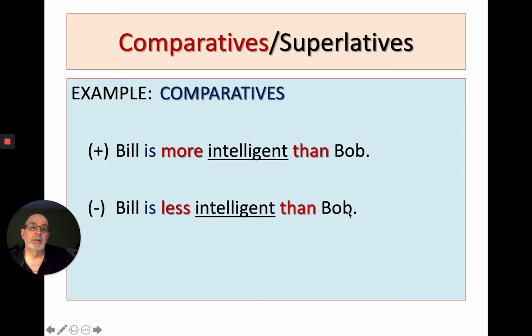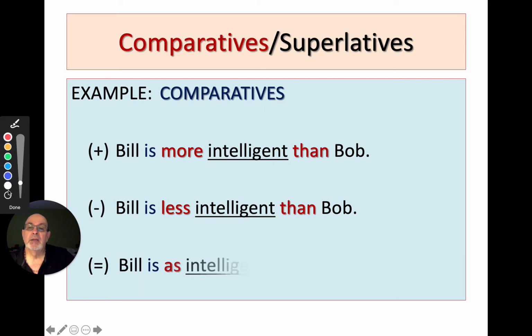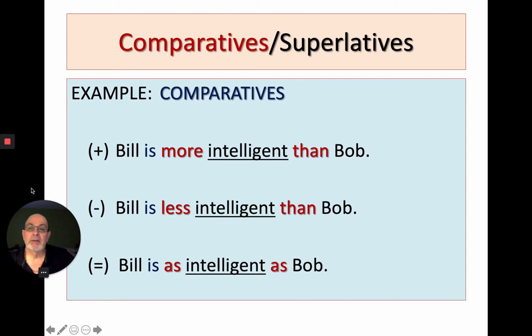Sometimes Bill and Bob are equal, and here it's a bit special in English because in English we use as, intelligent as. So this one is different than in French because we're saying equal, and not aussi que, right? Bill is as intelligent as.